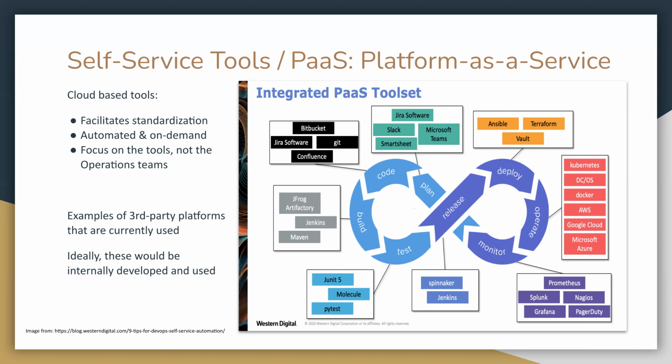For example, when we're planning, we can use chat platforms such as Microsoft Teams or Slack to help communicate. We have programs like Git or Bitbucket that help with version control while we're coding. And if you look on the operate side, we do have services like AWS, Google Cloud, and Microsoft Azure to help with server and storage services.